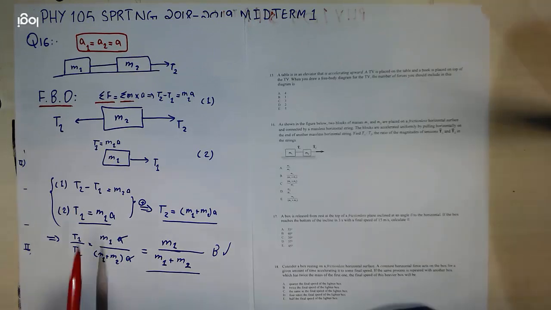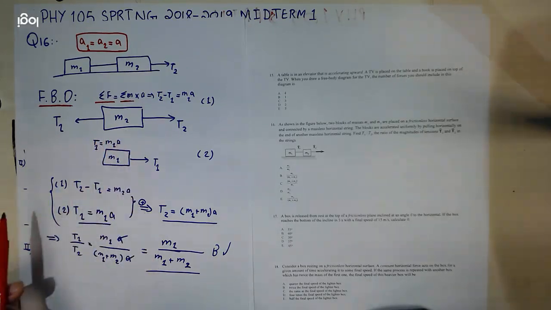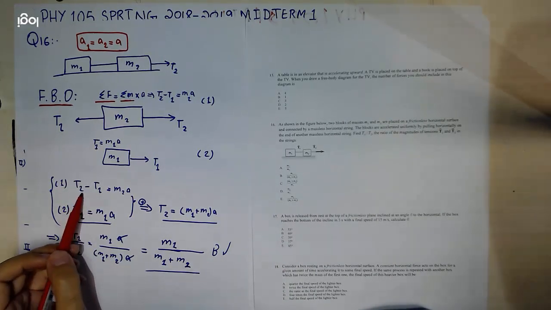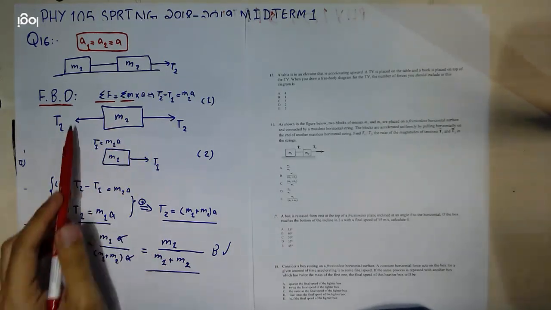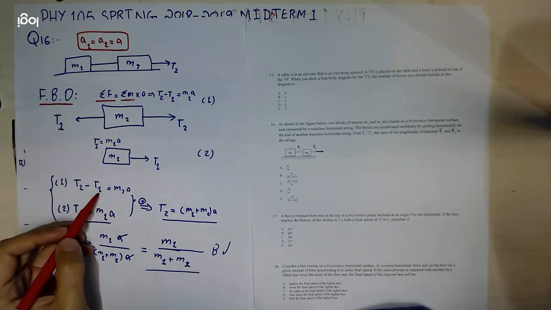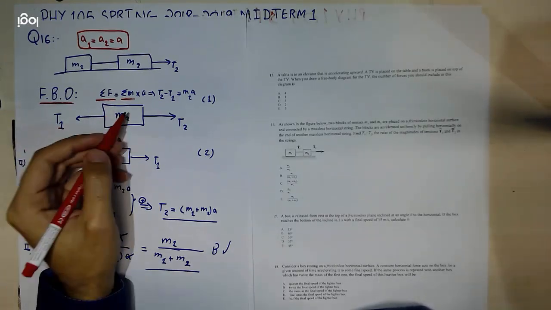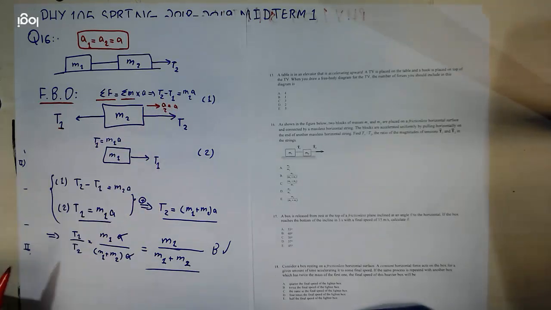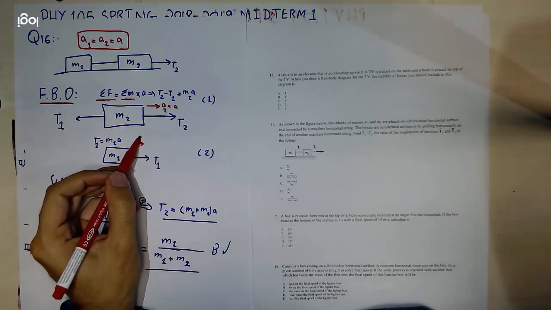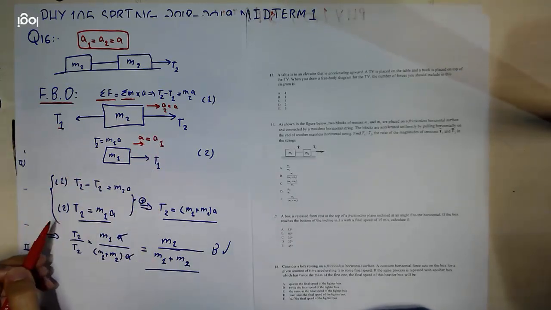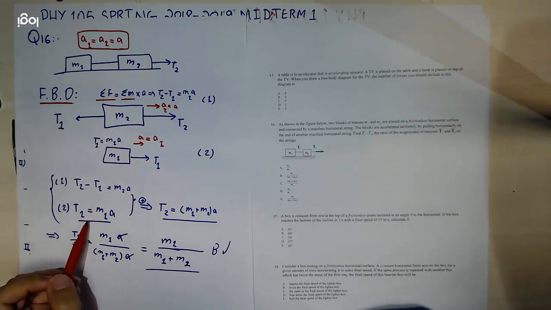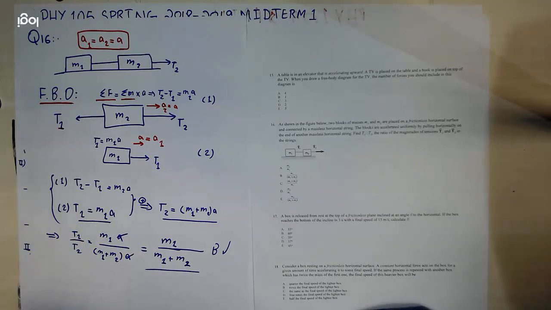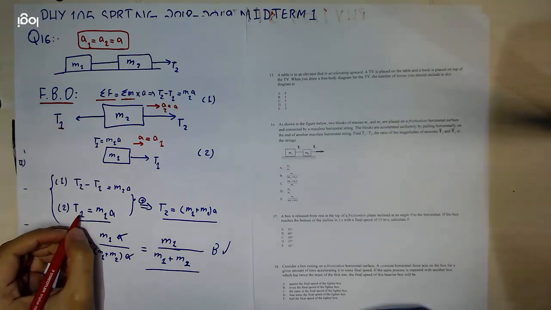Okay, let's draw a free body diagram. Let's find the equation for M2: T2 minus T1, because T1 is in the negative direction, is equal to M2 times A. A here is in this direction. For the first mass, A times the mass should be equal to T1.